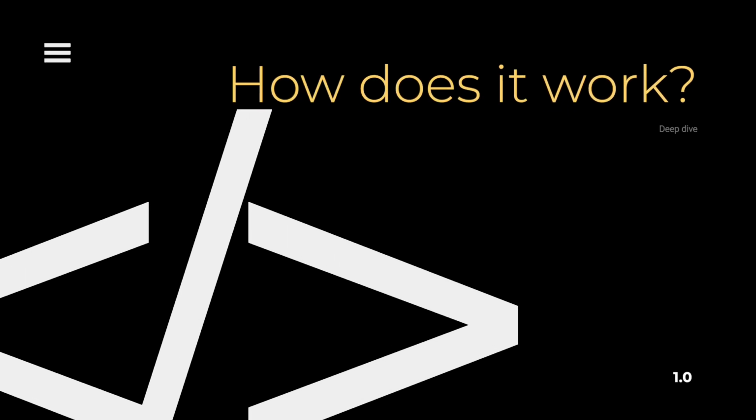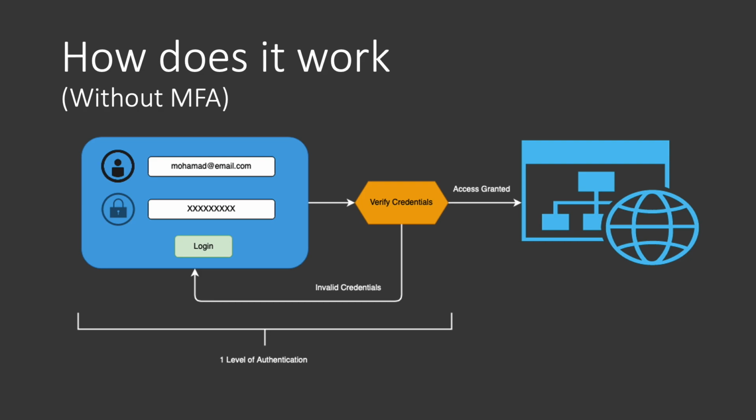So how does it work before multi-factor authentication, in any login system or any authentication system on our website? And then we're going to see how it works after multi-factor authentication. In this graph here, you see we have the login form, which basically consists of a username and a password, and then we have the login button. Once the user clicks on the login button, their credentials are verified.